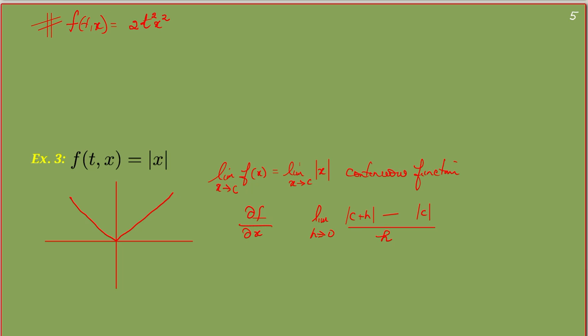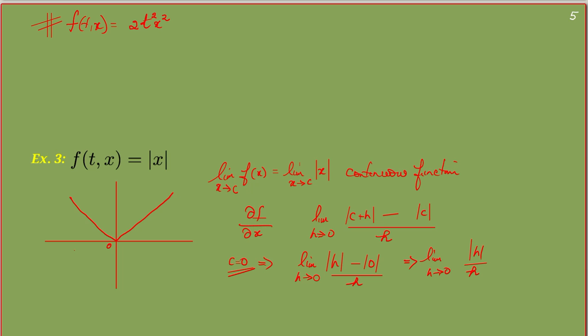When c is equal to 0, let us see what happens. You all might know that there is definitely a discontinuity at this point. This implies the limit as h tends to 0 of (mod h minus 0) by h is equal to the limit as h tends to 0 of mod h by h.